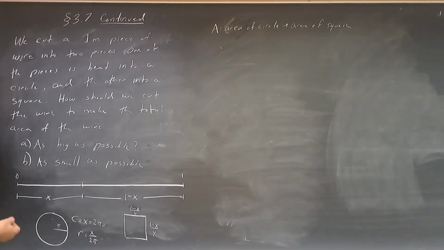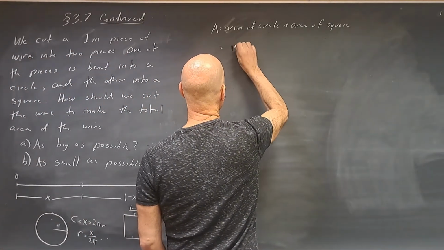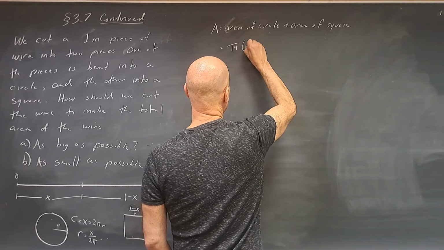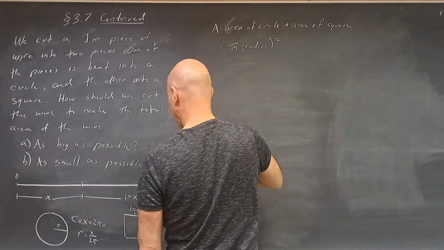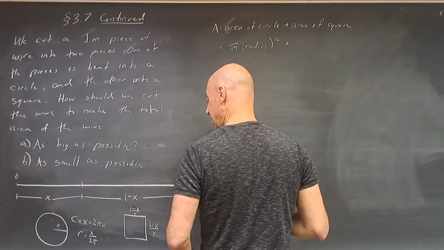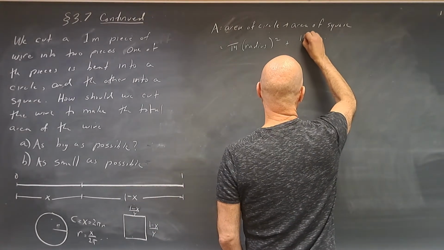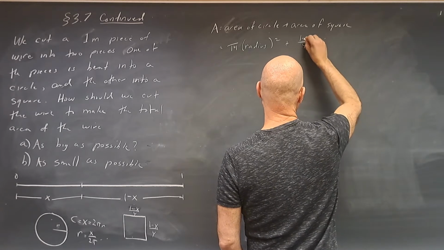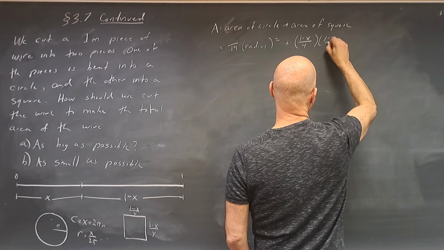The area of a circle is pi r squared, pi times the radius squared. I guess I already called the radius r. I could put r in up here, but I'm not going to do that. And then the area of the square, that's easy. That's just (1 minus x) over 4 times (1 minus x) over 4, length times width.